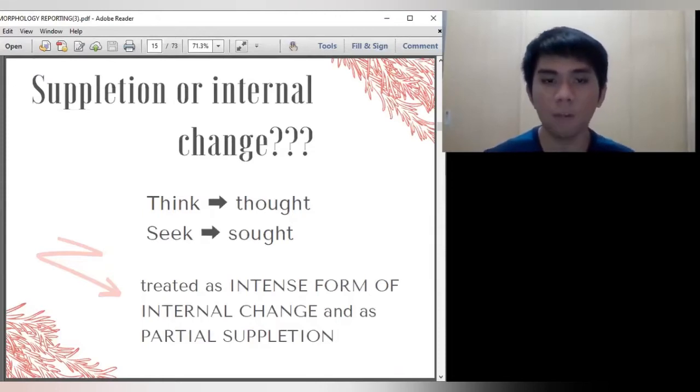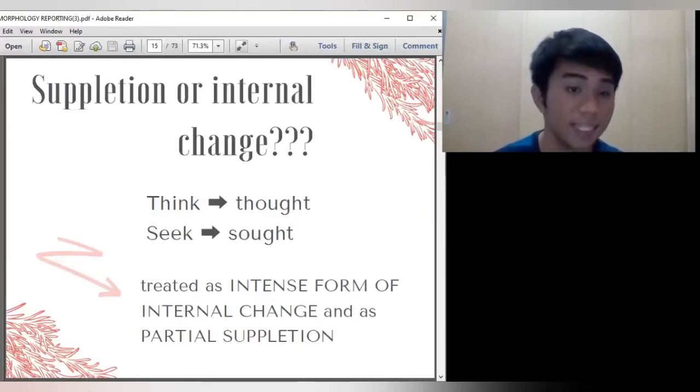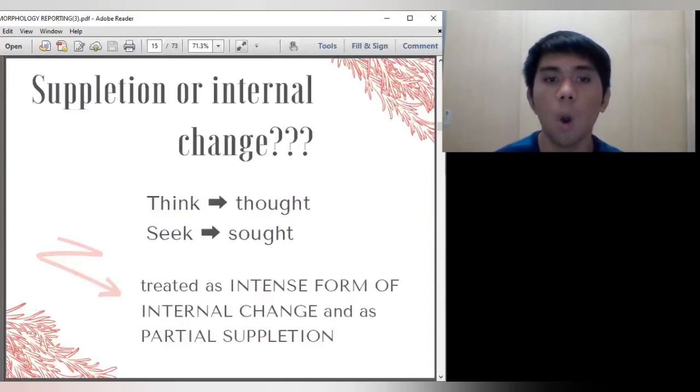It is an intense form of internal change because we can see that it's not just a change of a single vowel to another single vowel, but instead we can see that from "ink" it changes to "ought", and from the vowel "ee" in the next example it changes to "ought" as well. So it's not just an internal change, but an intense form of internal change, and it's not a complete or full suppletion.